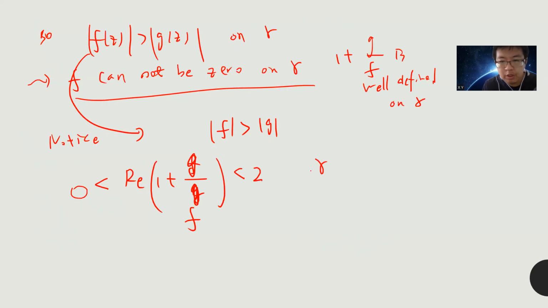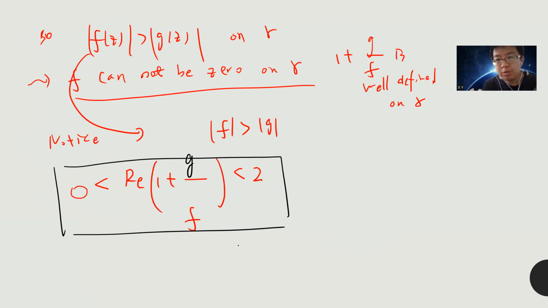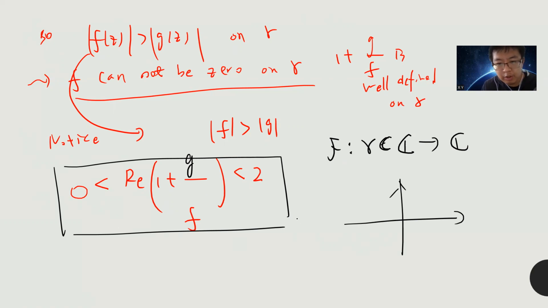So finally, let me just go to the final sentence. Okay, we have this. So this tells you that if you solve f and map this gamma into the complex plane, then you will get this is your gamma, right?